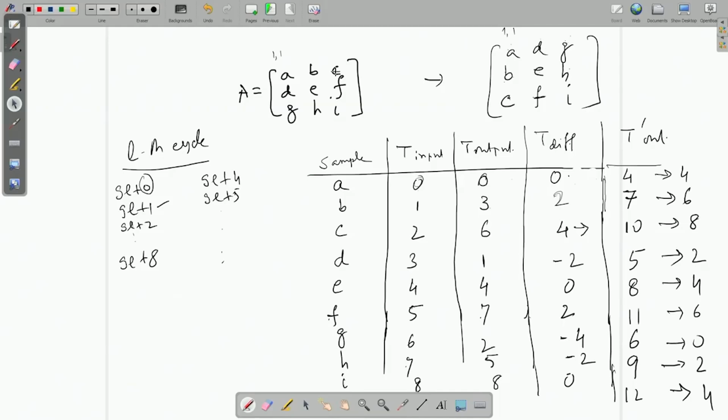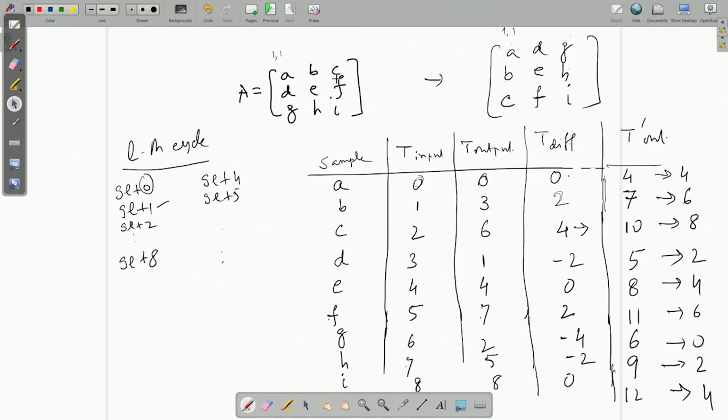Let us consider B. So, at 9L plus 1, the reader reads B, no problem, but the writer will write it only when it is here. At what cycle then? Earlier it was at cycle 3, now it will be added by 4. So, 9L plus 4, 9L plus 5, 9L plus 6, 9L plus 7. So, earlier it was 3, now 3 plus 4, 7. So, the difference is 7 minus 1, 6. Earlier the difference was 2, so 2 plus 4, either way, 6.